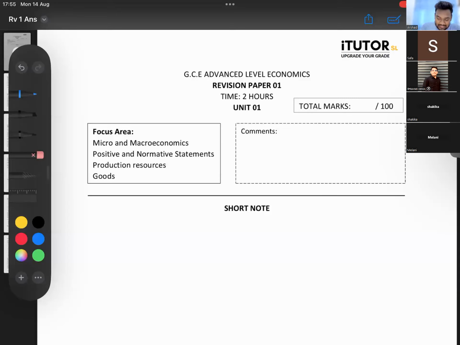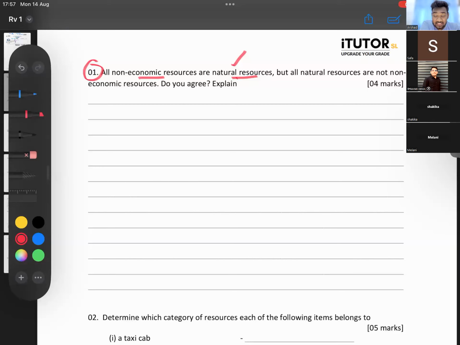The next part of the question says, but all natural resources are not non-economic. That means some natural resources can be economic, which means they are limited, and some natural resources can be unlimited. Do you all agree? Good example is land.